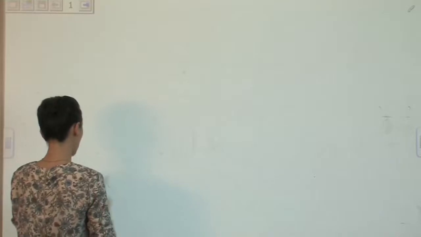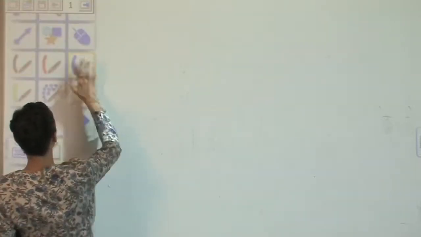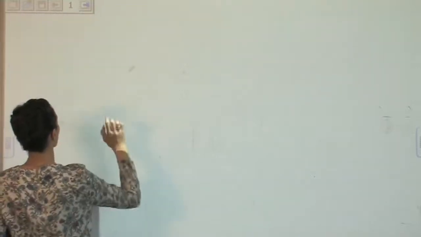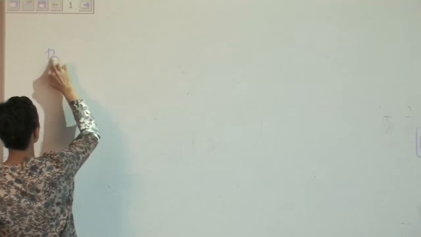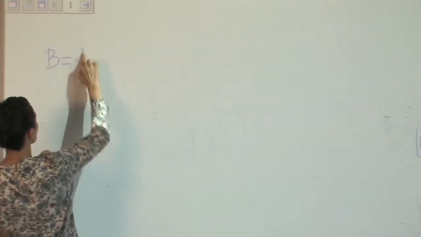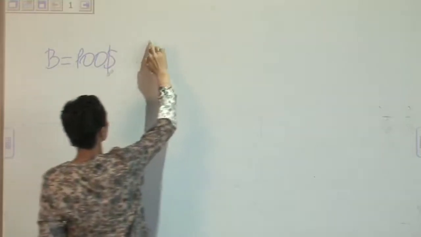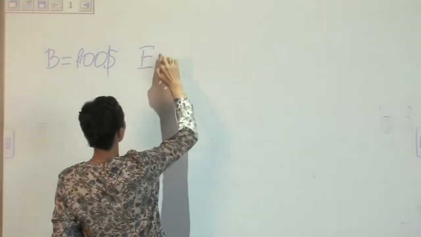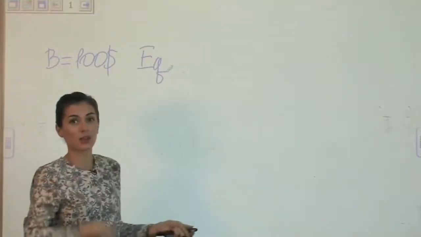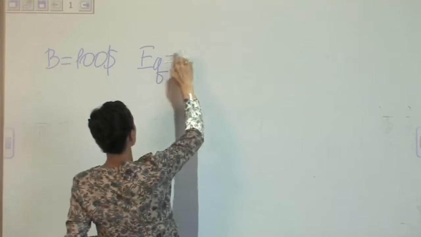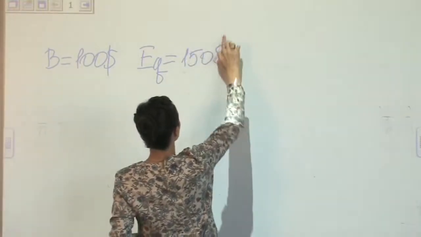Specifically, let's use this one. For example, your balance amounts to $100. The manager trades well and brings plus $50 to your balance, so $150.